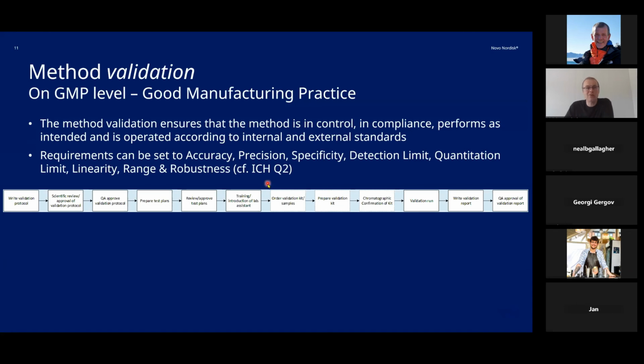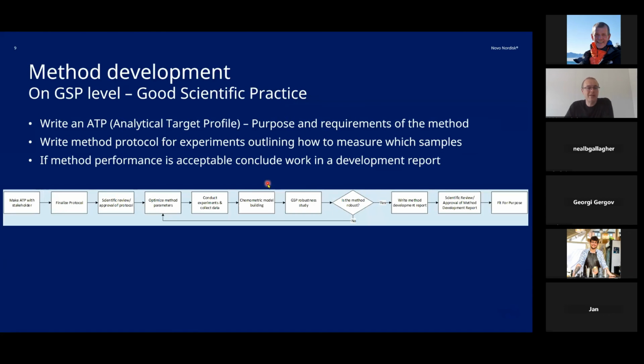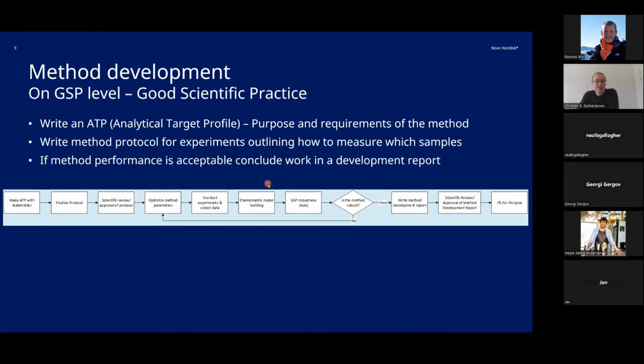So then you are back to, let's say, the POC, and often we have a phase beyond POC where we take the method from the POC until we have a more robust method ready for GMP level.